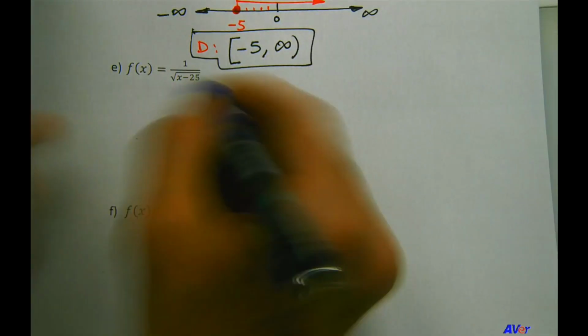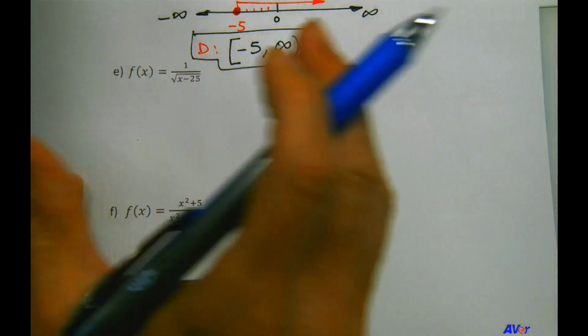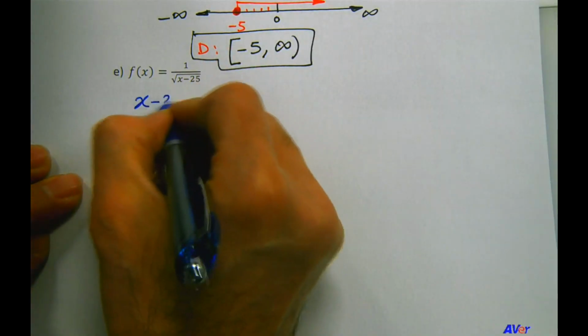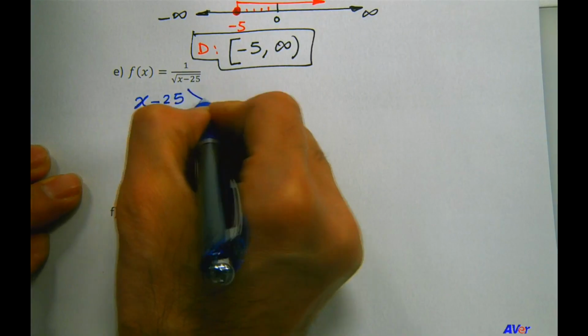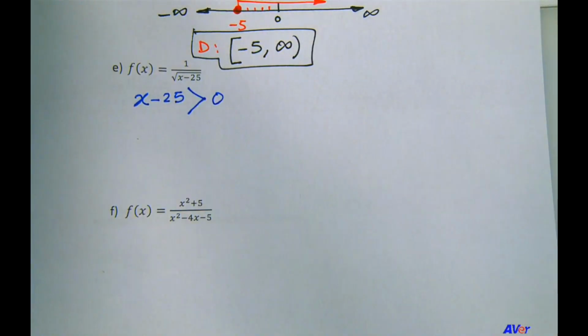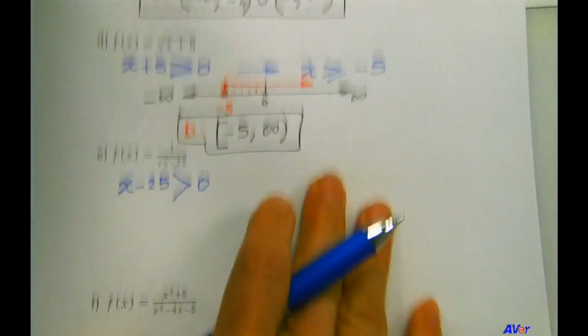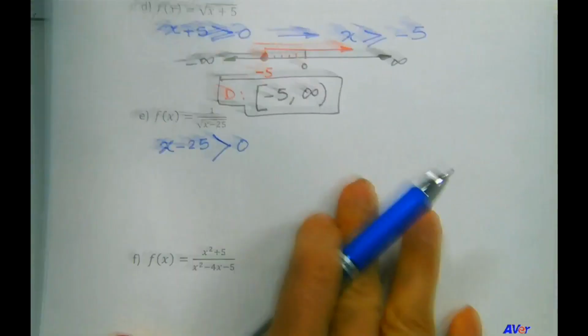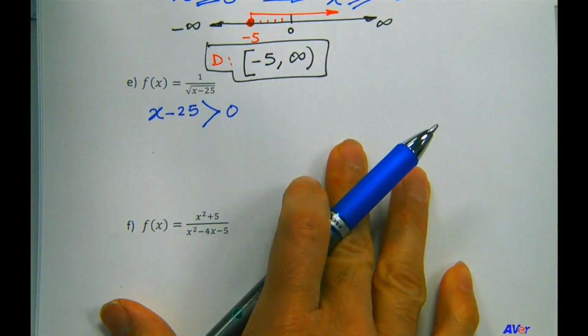So in order to solve for the domain, considering both restrictions, we say x minus 25 must be greater than 0, not equal to 0. So like part D, being equal to 0 here is not an option. Why not?